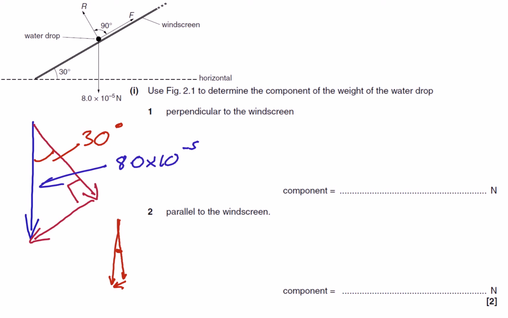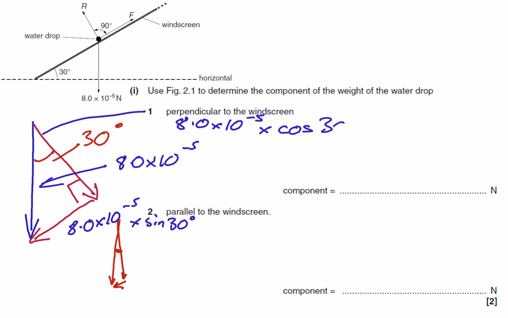So this one is going to be 8.0 times 10 to the minus 5 times sine 30, and perpendicular to the screen is going to be this, and that's going to be 8.0 times 10 to the minus 5 times cos 30.